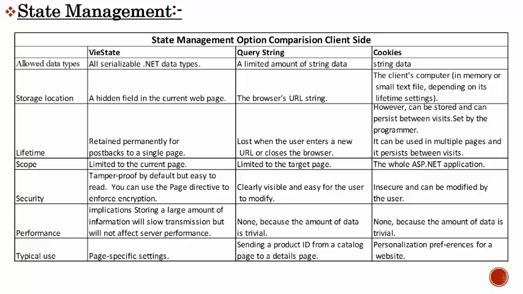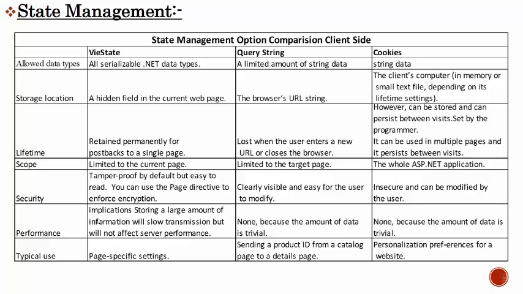Now what are the typical uses? View state is used for page specific settings. If you want to store a control's value or page specific values, then view state is the perfect state management option. Query string: when we want to send some information to another page, then we use the query string.